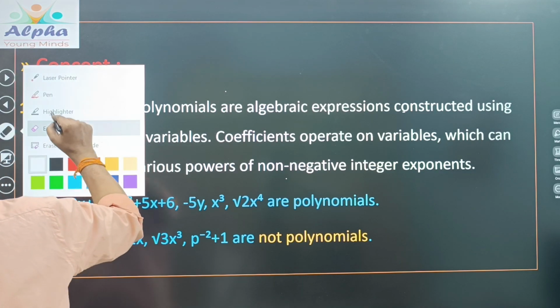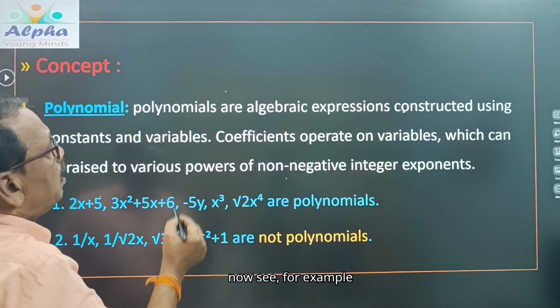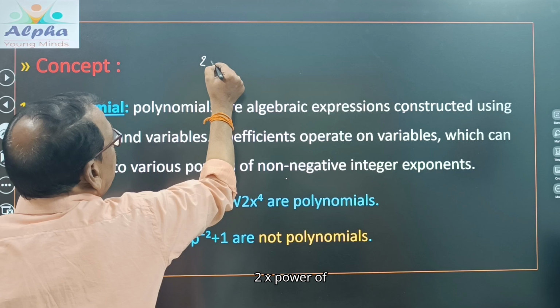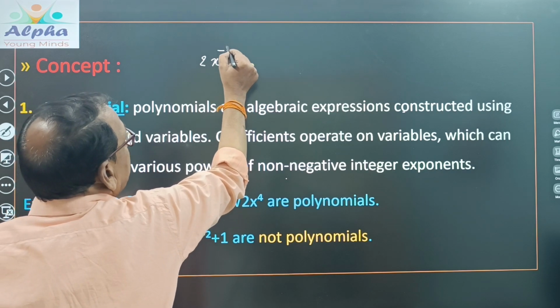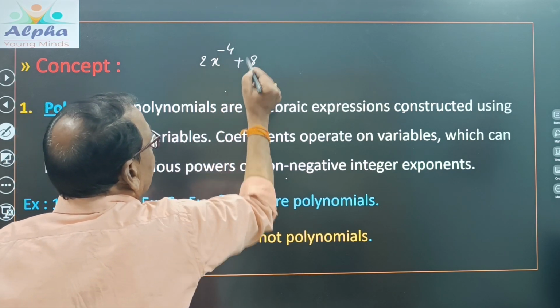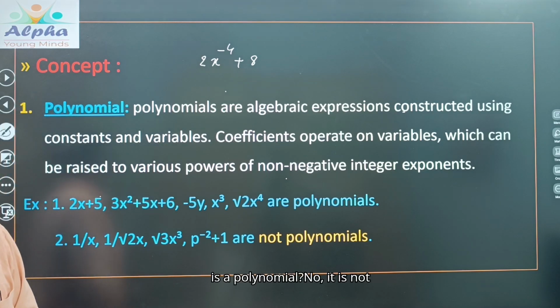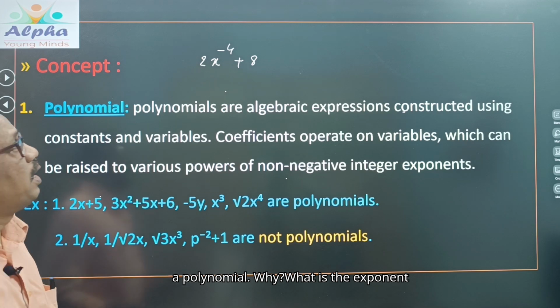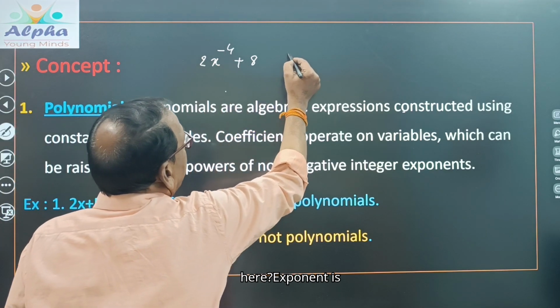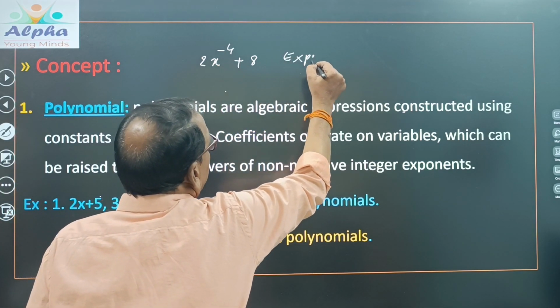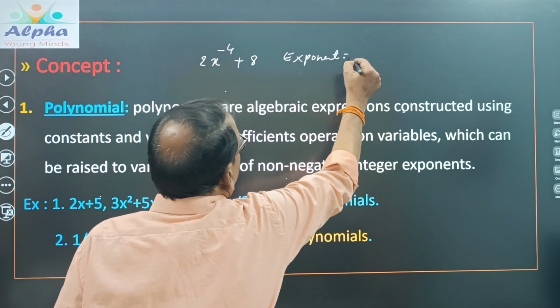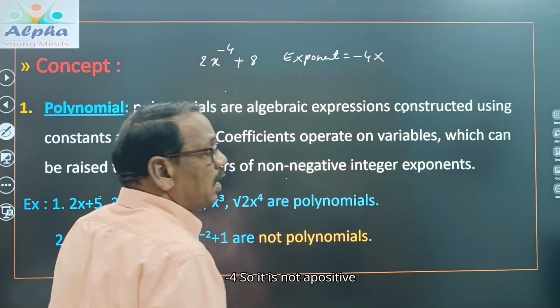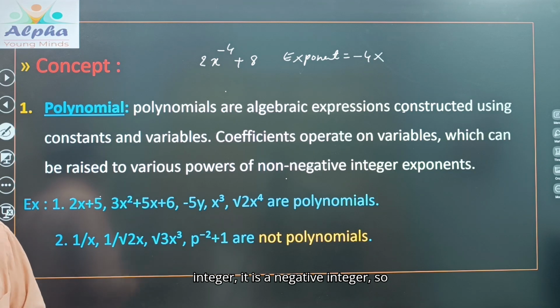Now see, for example, 2x power of minus 4 plus 8. Is it a polynomial? No, it is not a polynomial. Why? What is the exponent here? The exponent is minus 4. So it is not a positive integer, it is a negative integer.